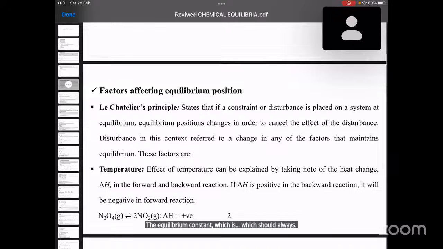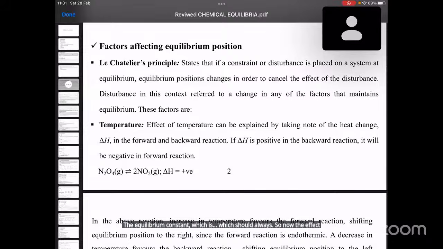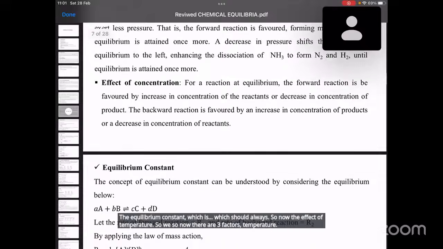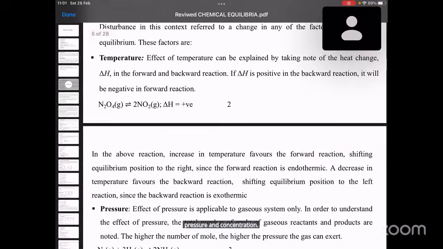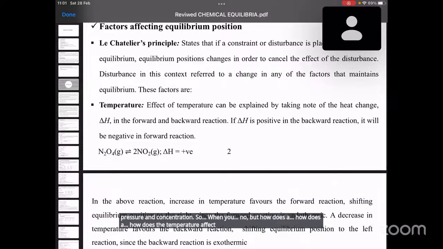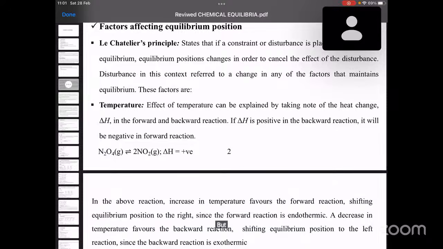So now, the effect of temperature. There are three factors: temperature, pressure, and concentration. So how does temperature affect the equilibrium constant? But this is not just about any reaction.